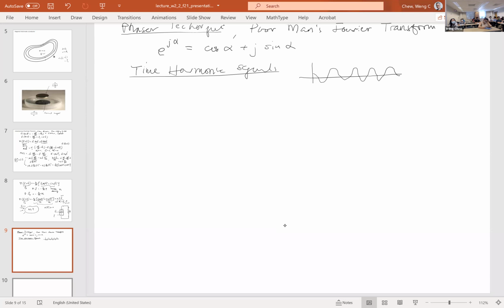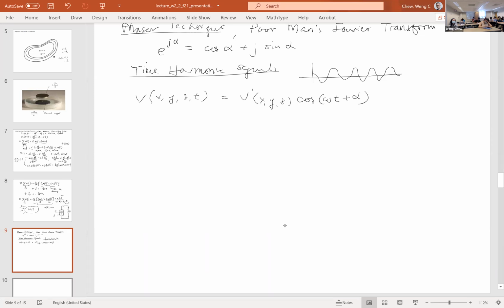And if we have a time harmonic signal, you can easily argue that at every position in space, it can be written in this manner. At every position in space, it can be expressed as such.